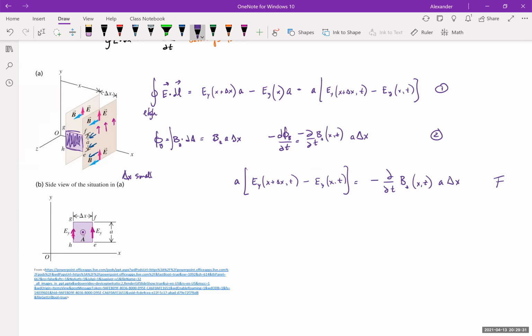This is Faraday's law. We've got an A on both sides.